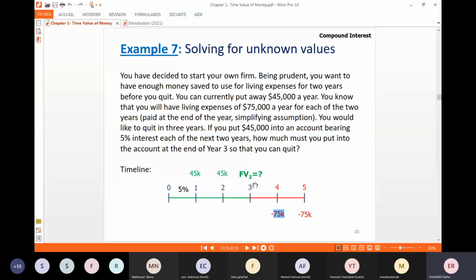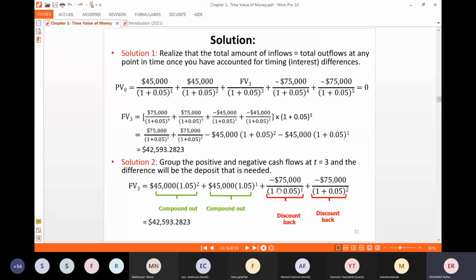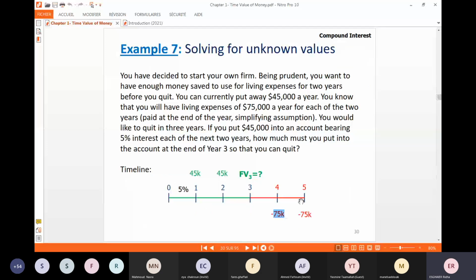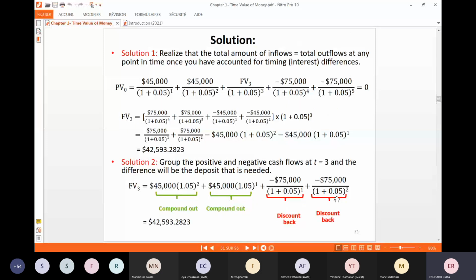So it will be power minus 4 minus 3, which is power minus 1, or we divide it by power 1. The same thing from 5 to 3, we discount the 75,000 for 2 years, we divide it by 1 plus 5% power 2, or we multiply it by 1 plus 5% power minus 2. This will give you directly the same amount that we need to save during the date.